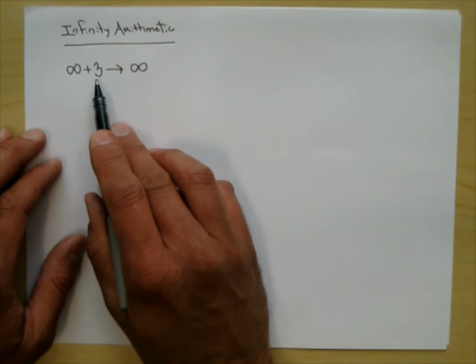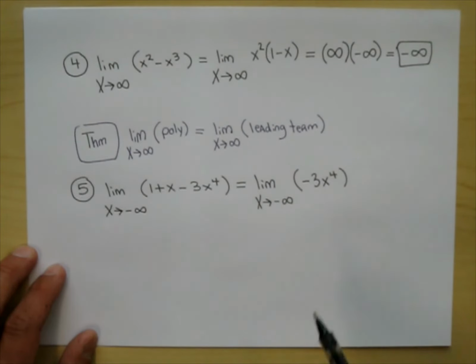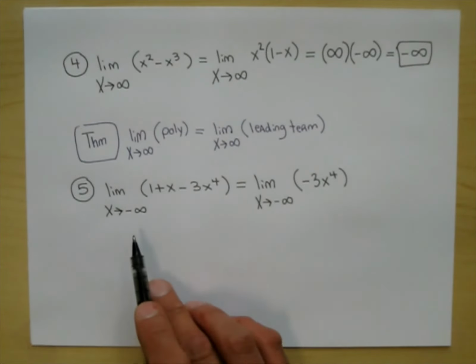Oh, by the way, this only works when you have a negative infinity down there or a positive infinity. If x is approaching 4, and you say, let's just do the leading term, you're going to get the wrong answer. So it's only when you have a limit at infinity. Okay, so this is a little tricky, but we do want to be careful on this.